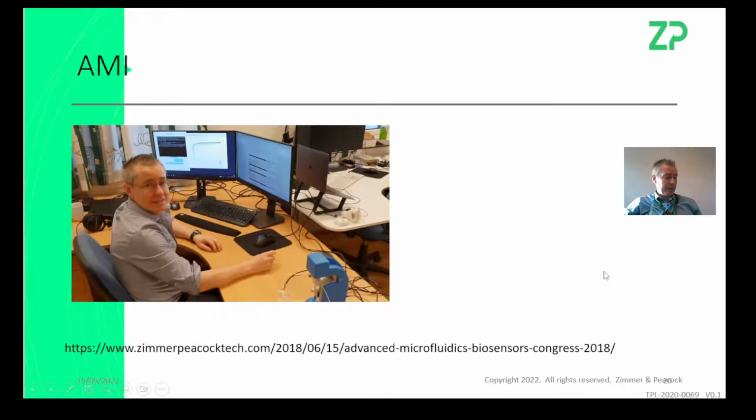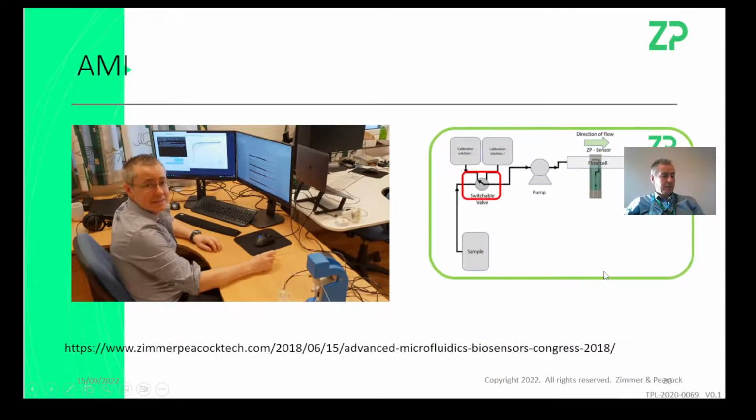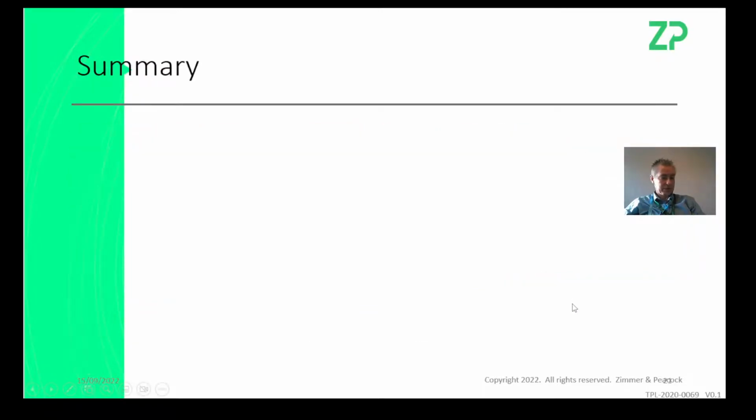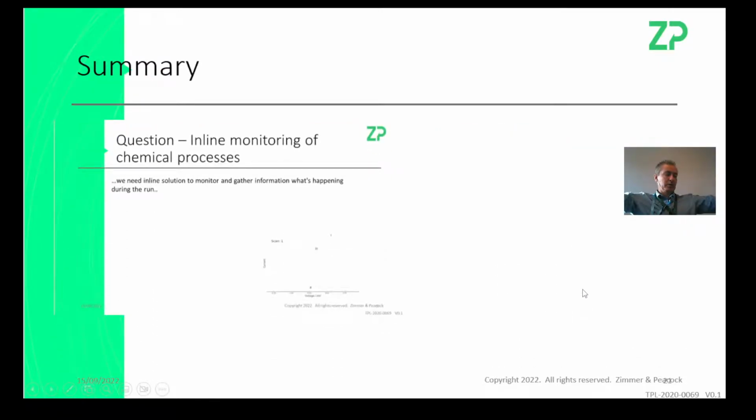And at ZP, we have been working in flow systems and valves and switching valves and pumps for quite a while, but it's always in the medical space, and it's always at low pressure, where I realize that in the process industry, sometimes people need much higher pressure systems. So if I was to summarize it, at Zimmer Peacock, we have a whole stack of technologies around electrodes, and those electrodes are resistant to organic solvents.